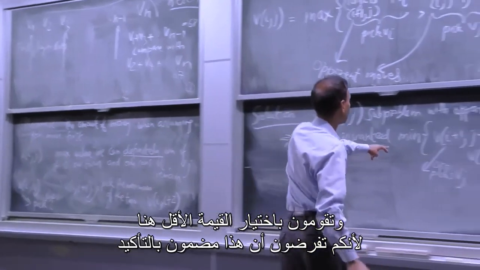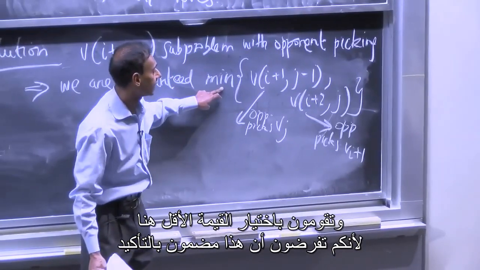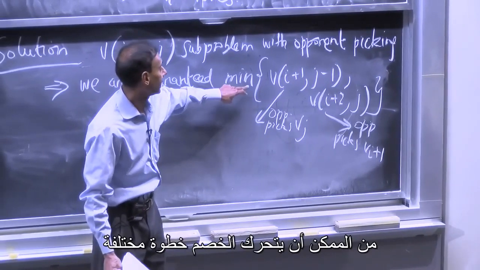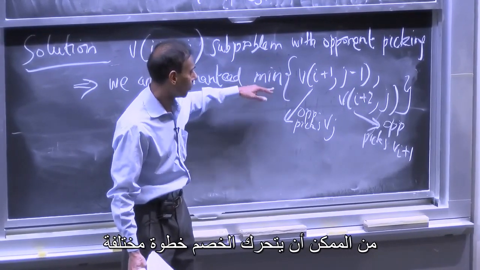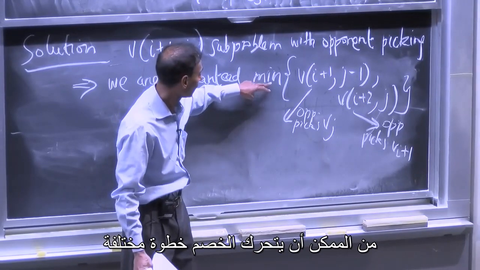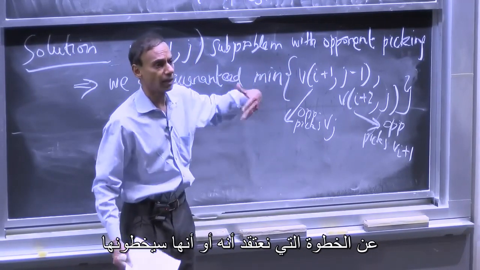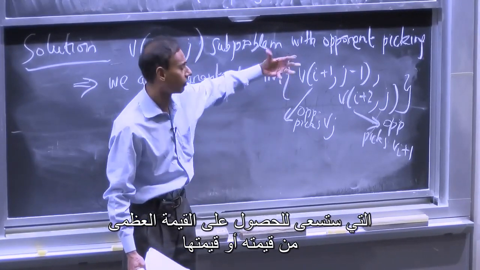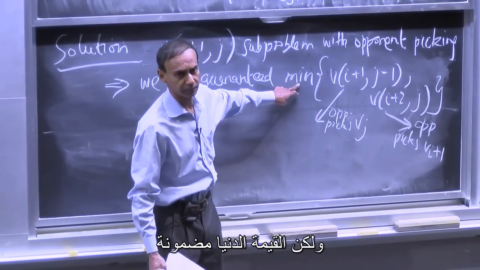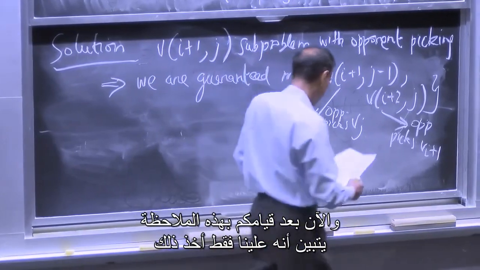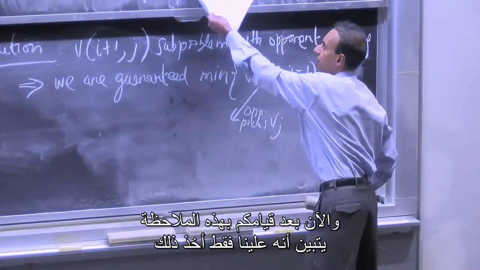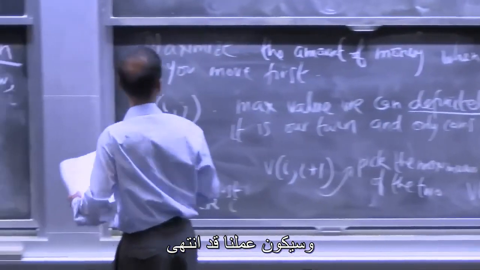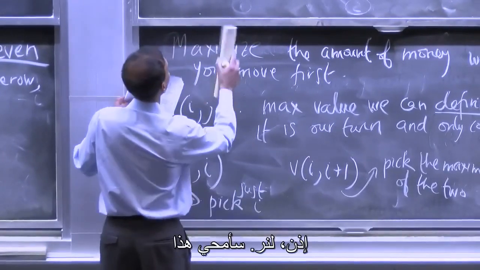And you have the min in here because you're assuming that this is a definite guarantee. Right? That's what we want. It's possible that the opponent plays a different game from the one that we think he or she is going to play, which maximizes his or her value. But the min is a guarantee. Okay? So now that you've made this observation, we just have to take that and we'll be done.